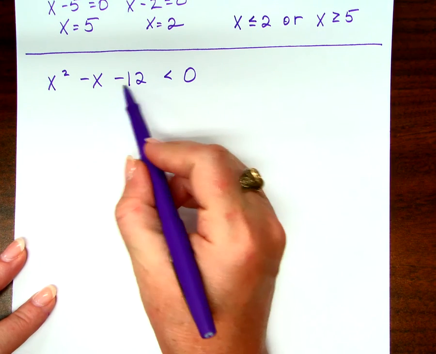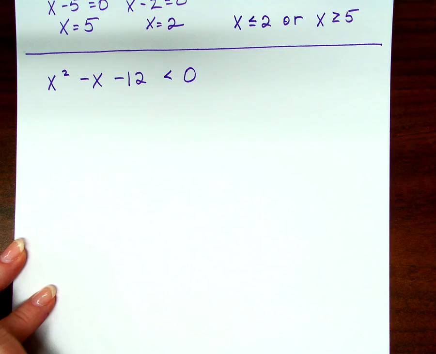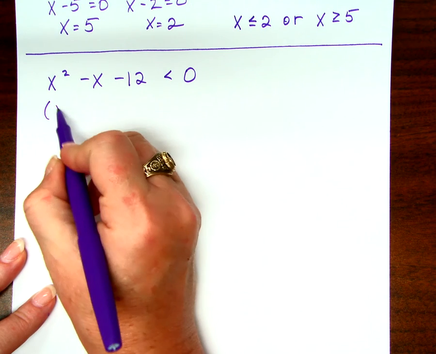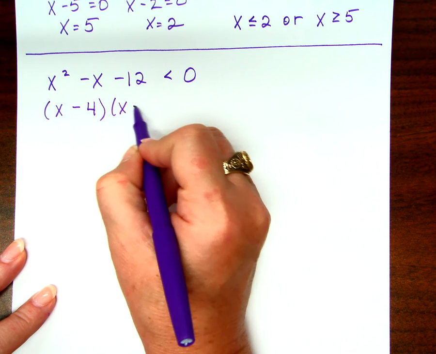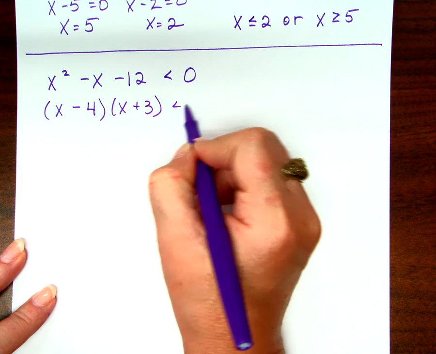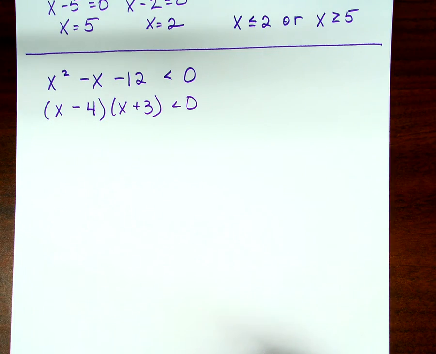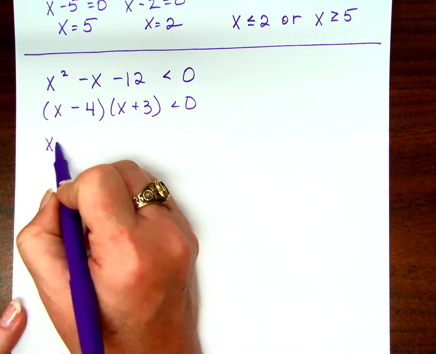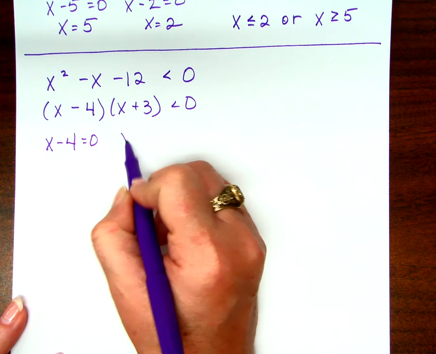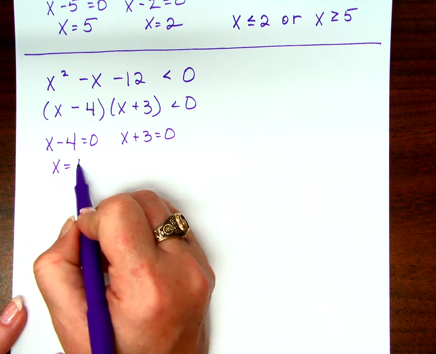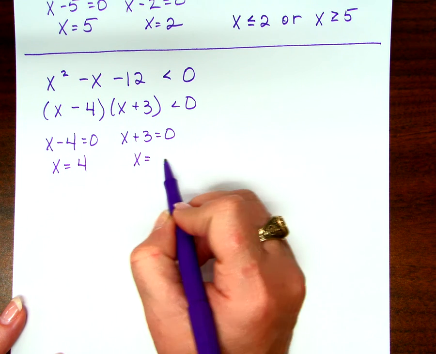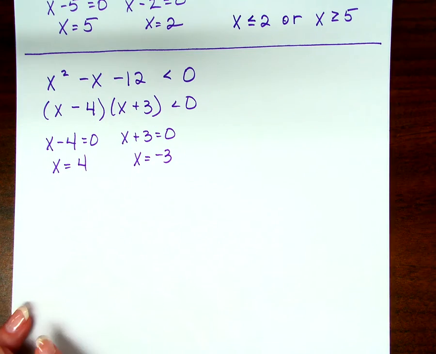What multiplies to be negative 12 and adds to be negative 1? Yeah. What do I do with each one of these factors? Zero product property says set them equal to 0, right? So what does x equal? And 4 and negative 3.